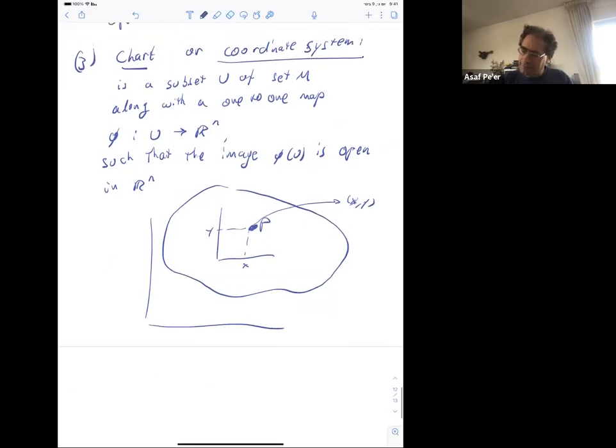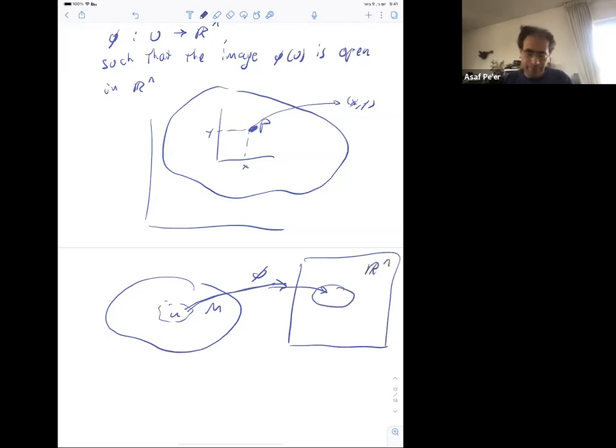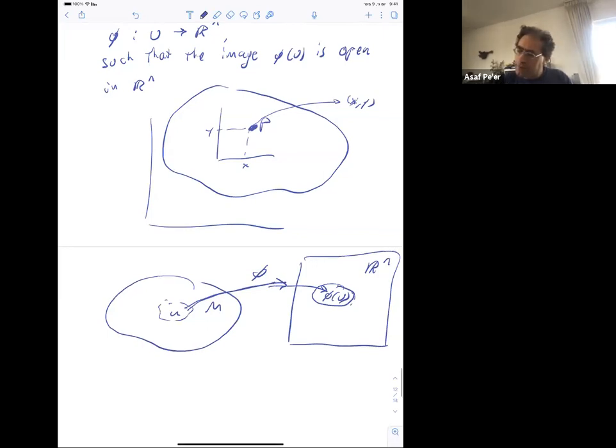I have a set M, I have a subset U, and I have a mapping phi to R^n. And there's the image here, phi of U, which is open. Actually, I should draw it properly. To draw an open set, normally you draw with a dashed line.